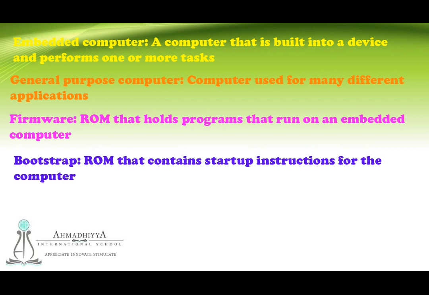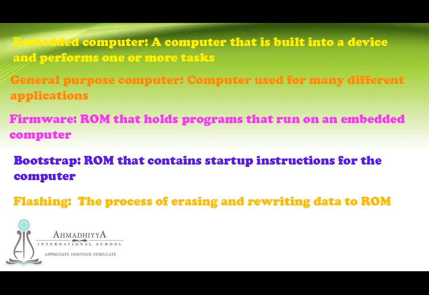The bootstrap contains instructions that determine the basic hardware setup. The main difference between firmware and bootstrap is that the ROM that holds programs that run on an embedded computer is the firmware, but the bootstrap is the ROM that contains startup instructions for computers like PCs or laptops.